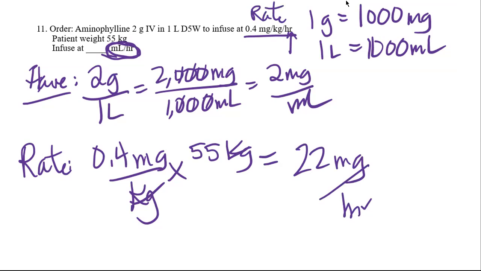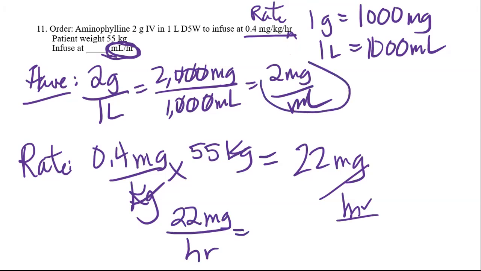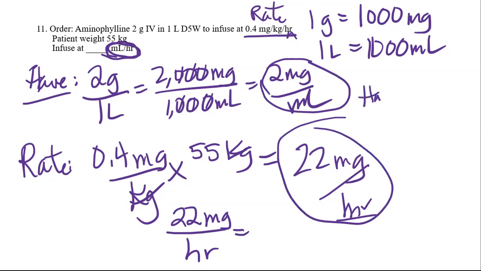What we want, though, is milliliters per hour. We've got hours, but we just need milligrams. So this is very simple. We can just take 22 milligrams per hour, okay, equals, and flip this. This is what we have, and this is our rate.